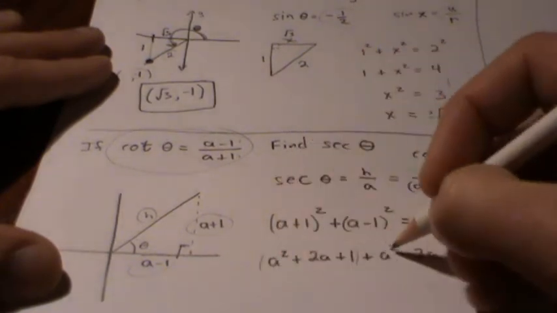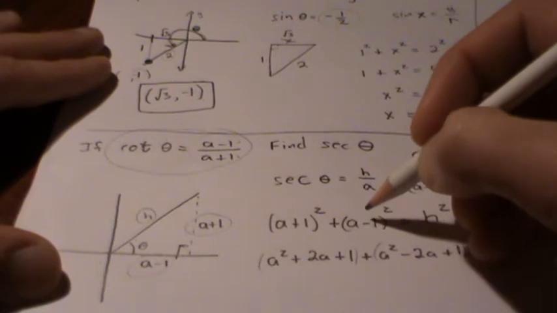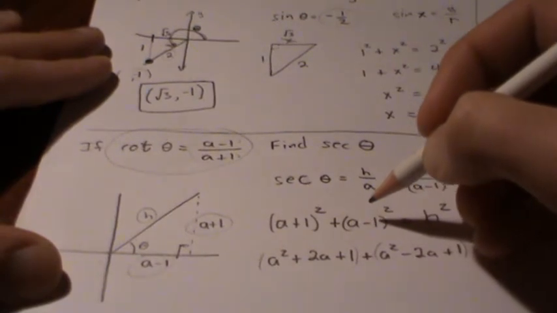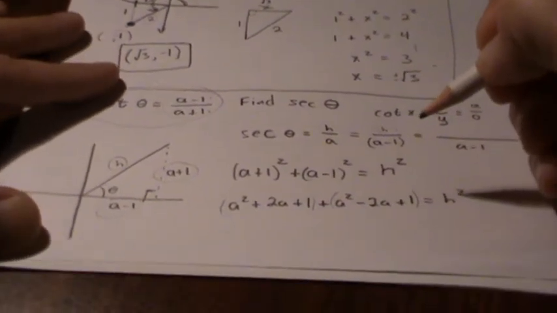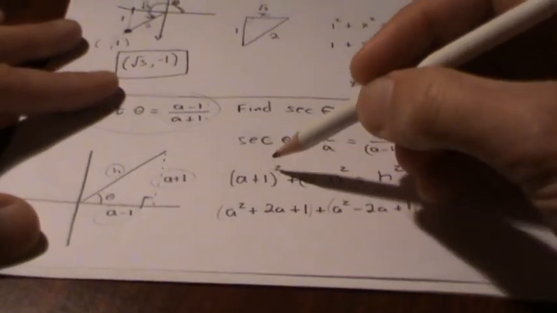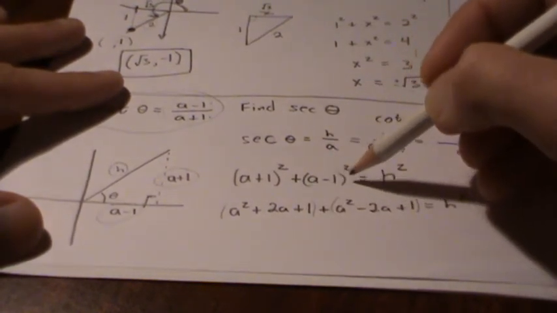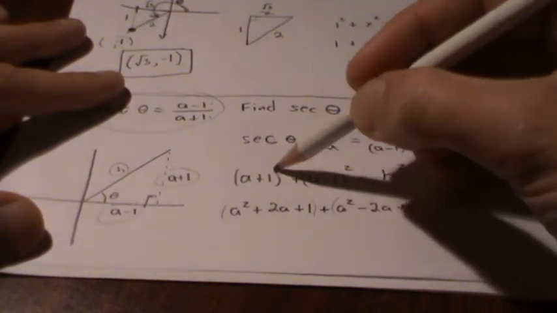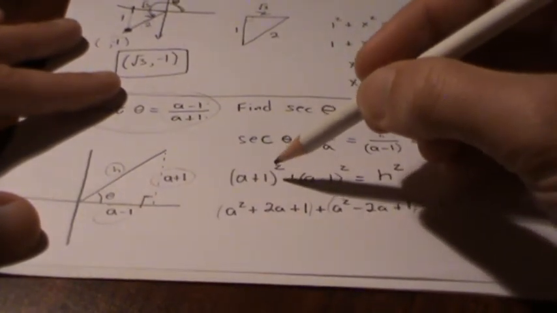What I did is I just foiled this and foiled this, and got these two expressions. Just multiply a plus 1 times a plus 1, and you get this. A minus 1 times a minus 1, you get this. Because remember, squaring something is itself times itself.